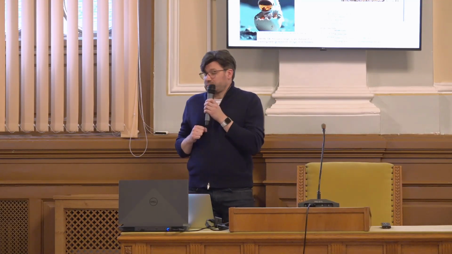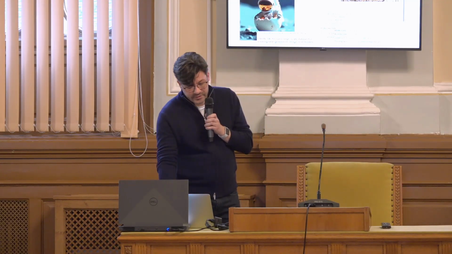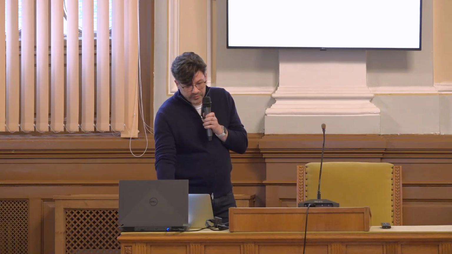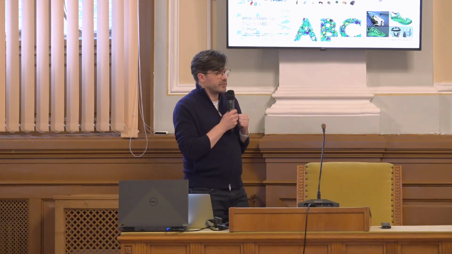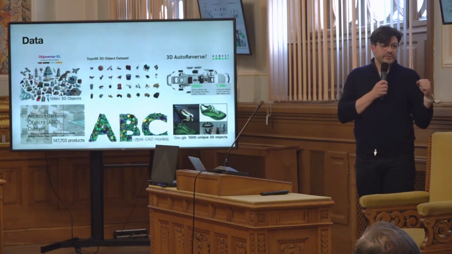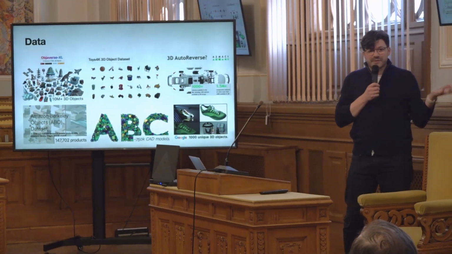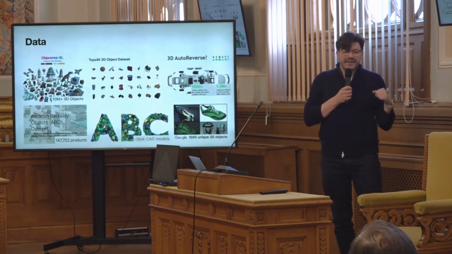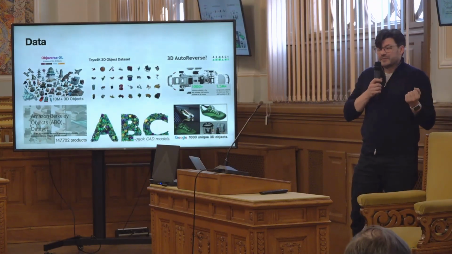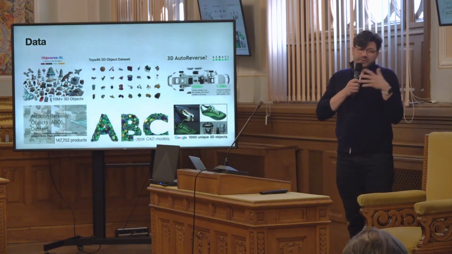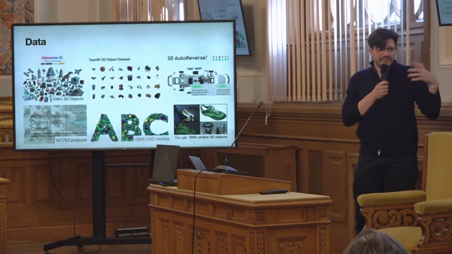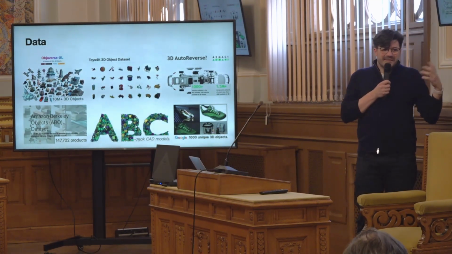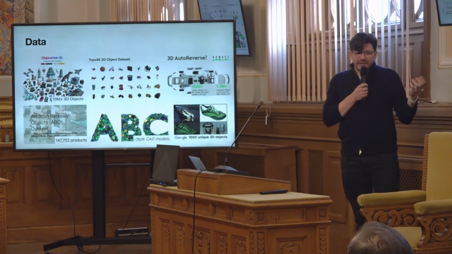And this is one of the disadvantages of the 3D models, because they actually don't have this amount of data. People don't go around during the holidays, create 3D models, and upload them on Instagram and Facebook. So whatever these companies have in terms of data, it's very unlikely to be gathered in the same way for 3D data.